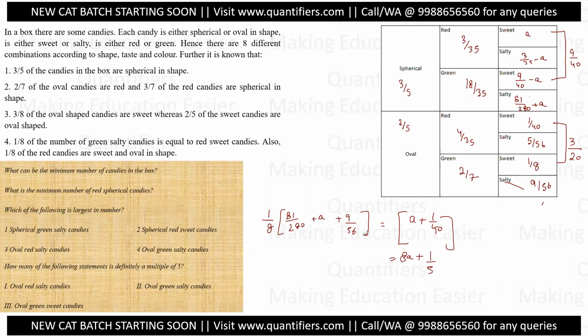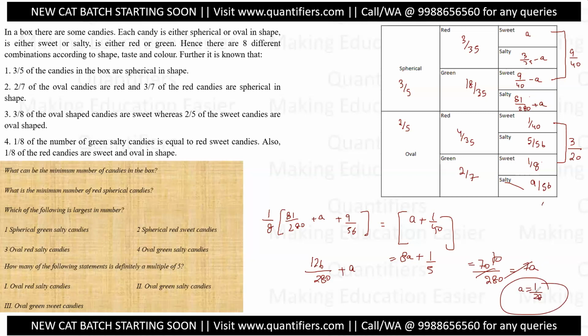Right. 8 by 40 is 1 by 5. 81 by 280 plus A is equal to this. 56 minus 70 by 280 is equal to 7A, and 10A comes out to be 1 by 28.